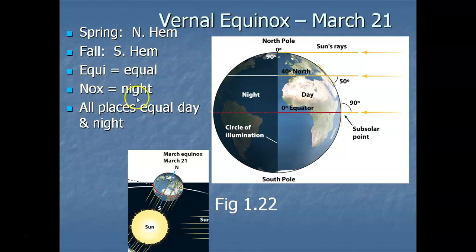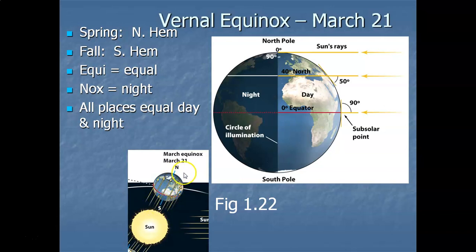Equinox, equal night. And in this diagram, showing every place on Earth receiving 12 hours of day and 12 hours of night, I've eliminated the tilt of the Earth's polar axis, just to be able to show you that every place on Earth is equal. And I've done a little cutout from the model, just to show you that the tilt of the Earth's polar axis is there.